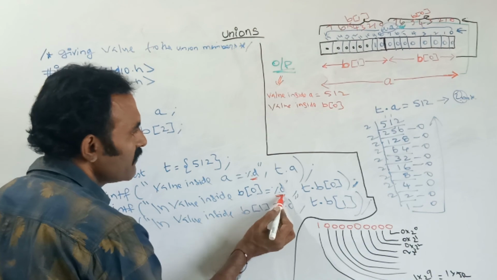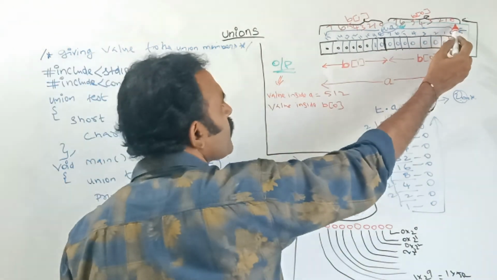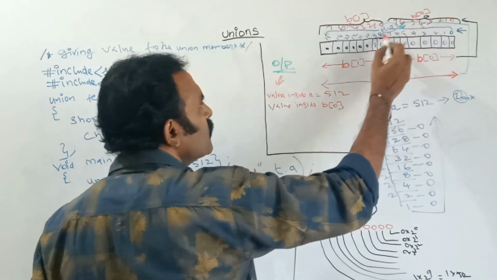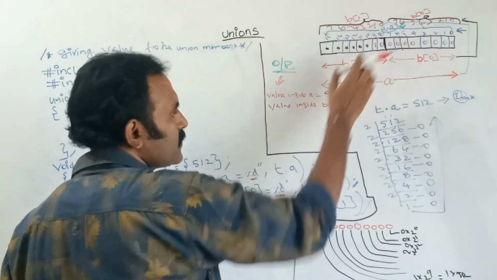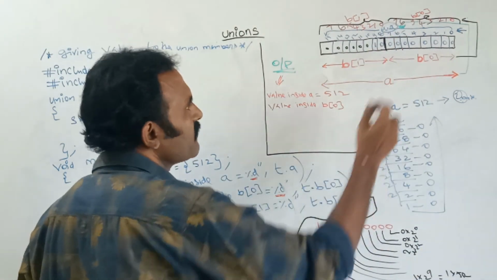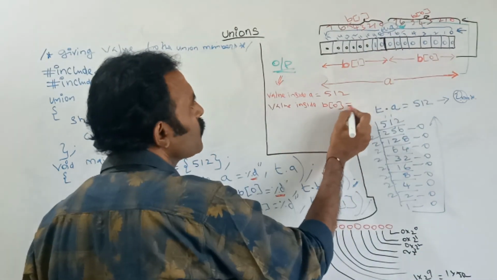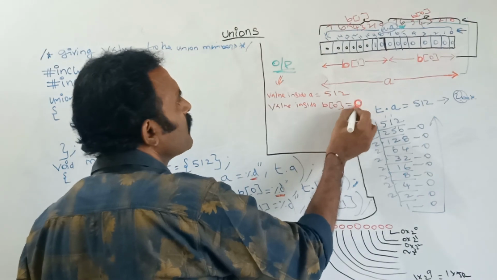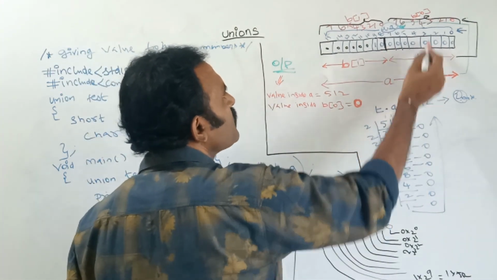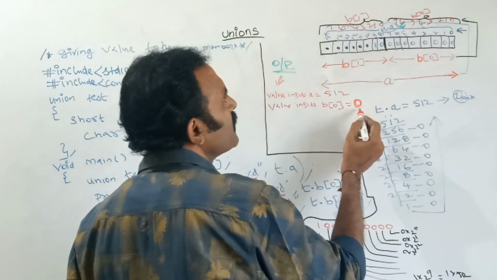Here, from the 0th location to the 7th bit, every bit is 0. So when we convert this binary to decimal, the value will be 0 only. So we can easily know the answer. So I had put the value as 0. So B of 0th value will be 0.